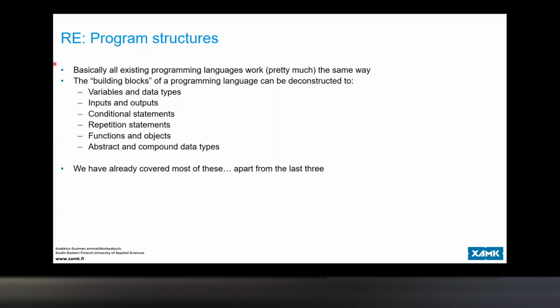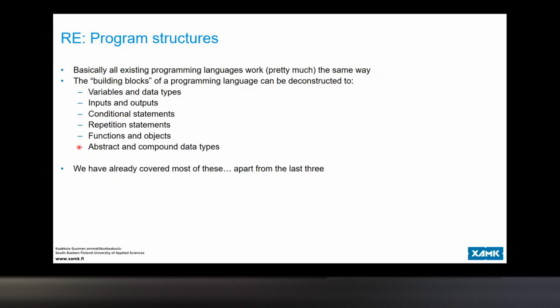So we have, well, anyway, of these building blocks, we have already looked at a lot of this stuff, and basically the only things that are left are functions and objects on this list, and then there are something called abstract and compound data types. So it turns out this last point, these abstract and compound data types, are already a bit more advanced things. So these come in a few weeks' time.